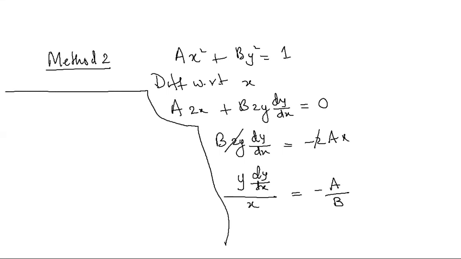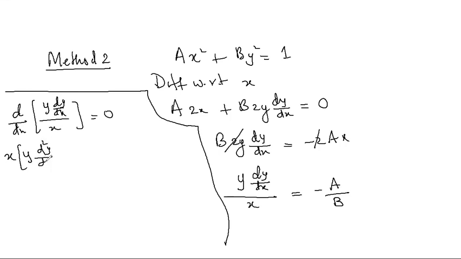So now if I differentiate this by the u by v method, d by dx of y dy by dx upon x equal to 0. So x into the derivative of the numerator. What is the derivative of the numerator? Y into d2y by dx2 plus dy by dx into dy by dx. That I'm writing, minus y dy by dx.